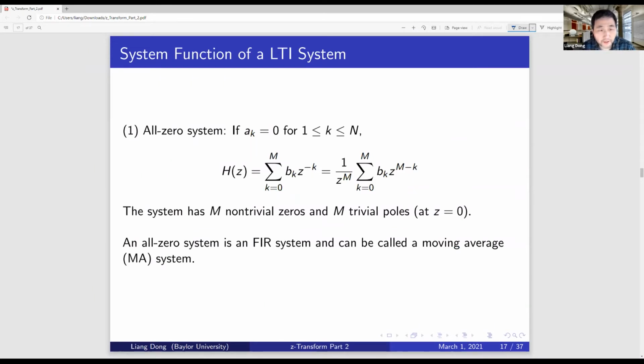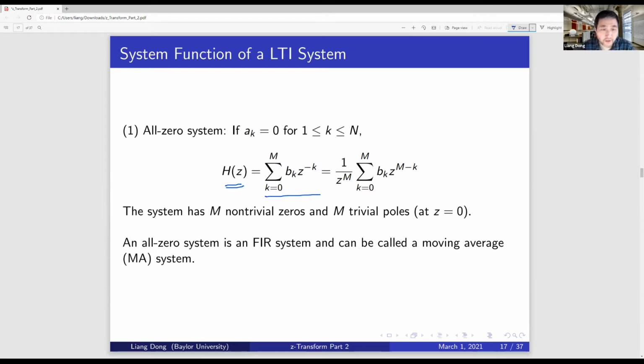In some particular cases, first we have what we call an all-zero system. An all-zero system means that I only have zeros, but no poles. Therefore, my rational system function only has the numerator and does not have a denominator. So H(z) only has this polynomial in the numerator.